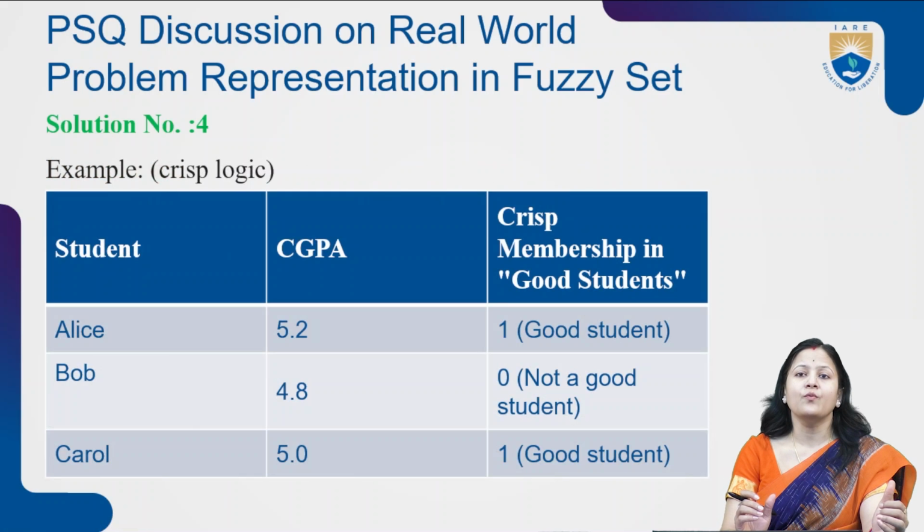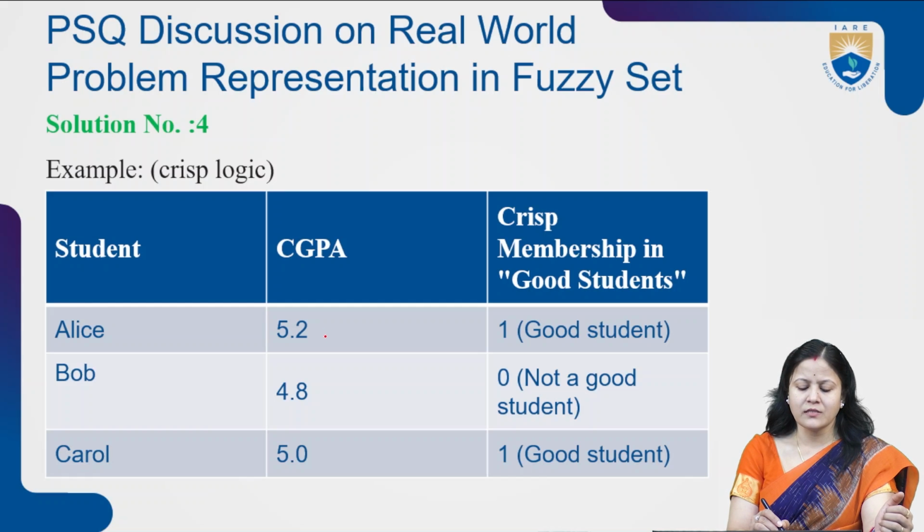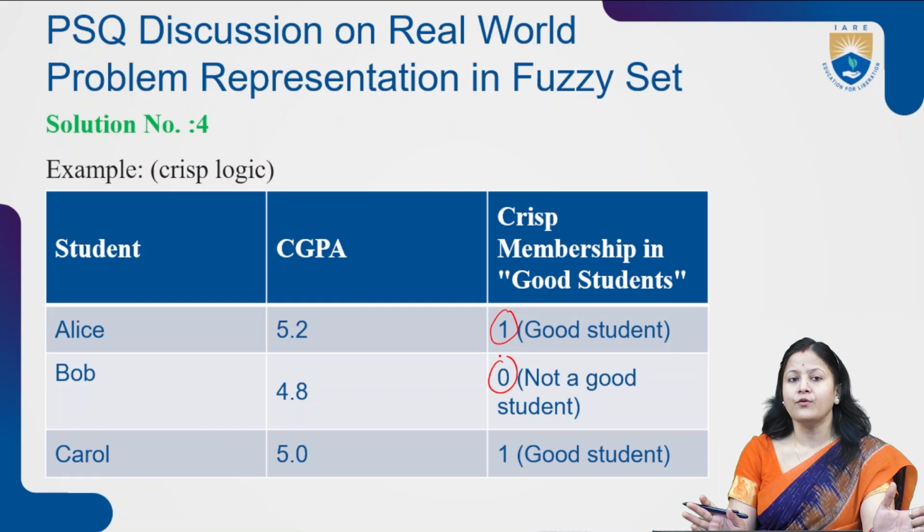Now I'll show you one example here for the crisp representation. Three students are there and their CGPA is also given. Alice's CGPA is 5.2, so definitely the crisp membership would be considered as 1, meaning good student. Bob is getting 4.8, which is below 5. That means 0, strictly 0, not a good student.